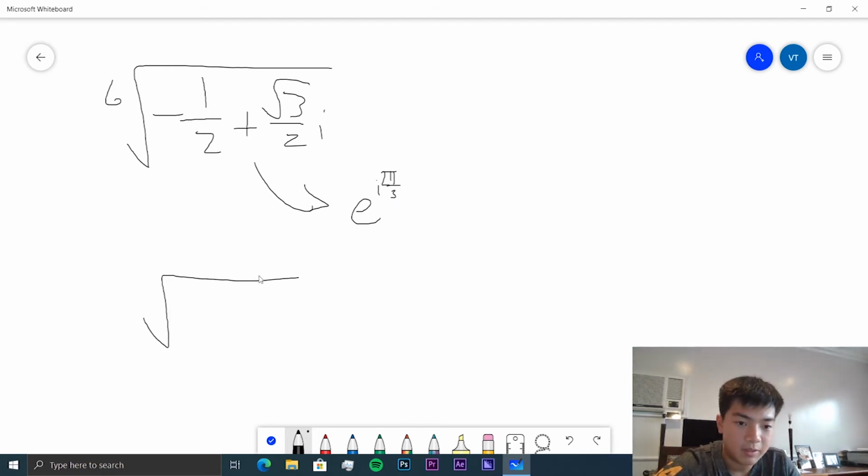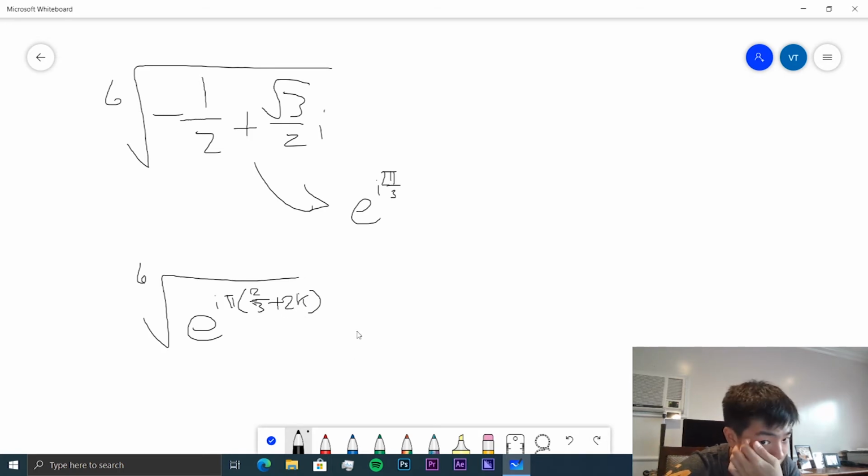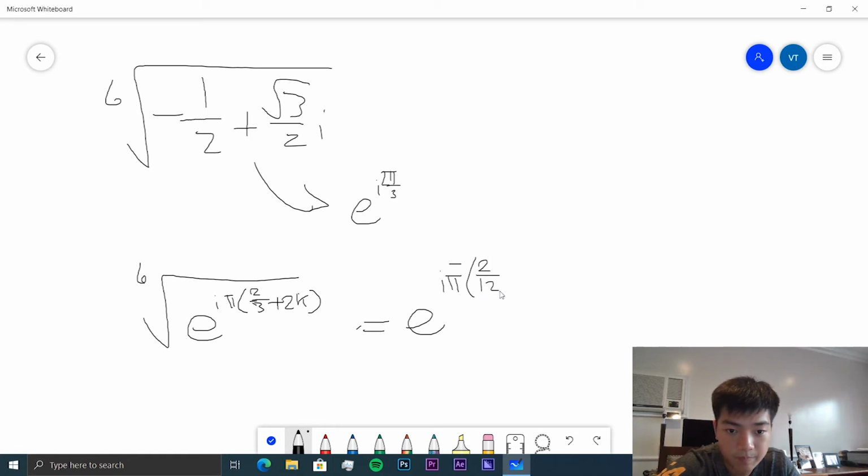So we're trying to get the sixth root of e to the i, and this is actually pi times 2 over 3 plus 2k, which is equal to e to the i pi times 2 over 12 plus 1/3 k, plus k over 3. So this should be the new number.